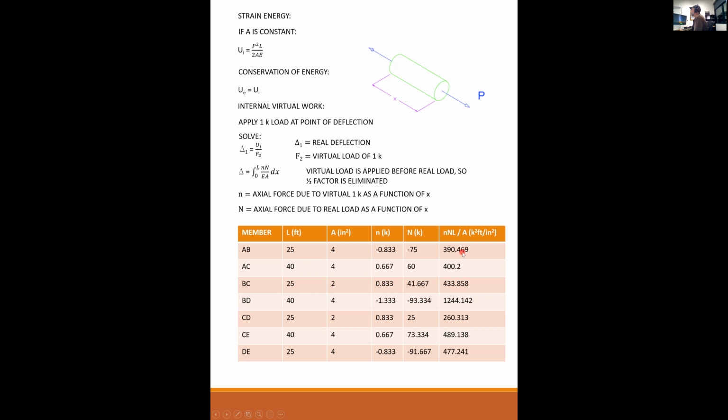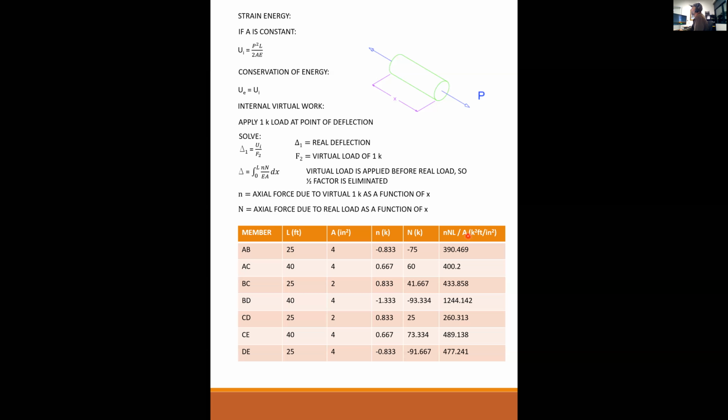And so the individual internal energy of each member is going to be little n times capital N times L over AE. That's what this is here. So little n, capital N, L over A. Actually, I pulled out the E, didn't I?